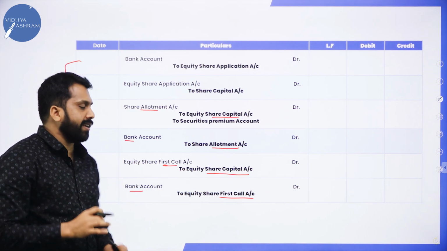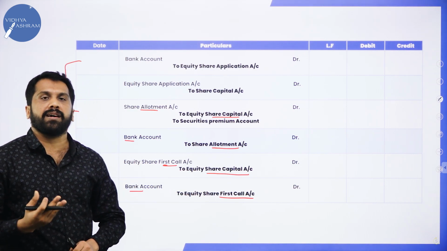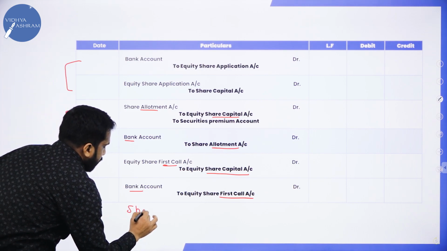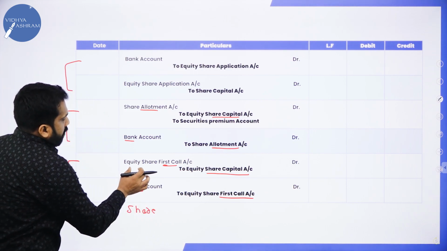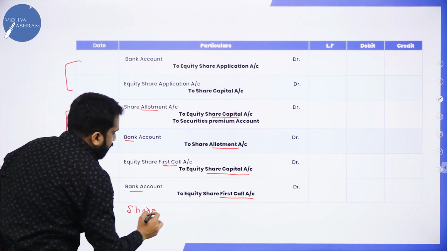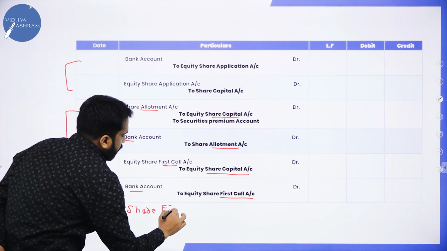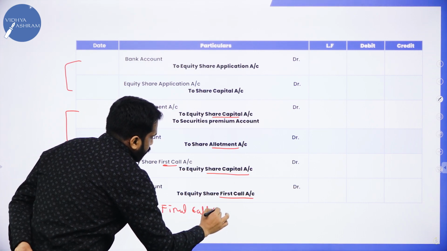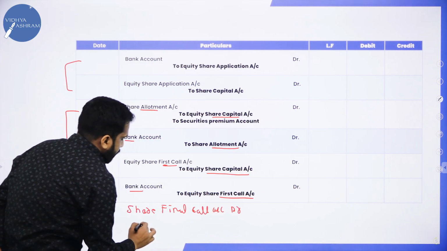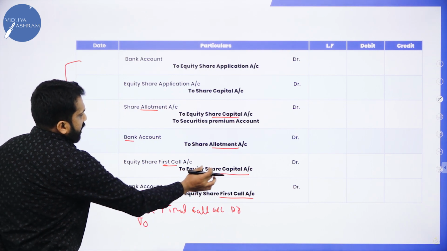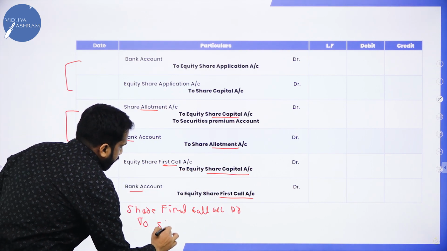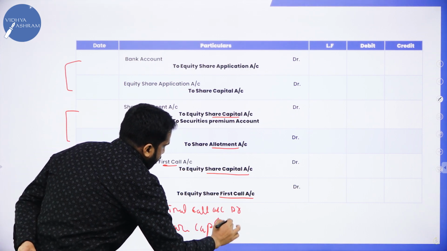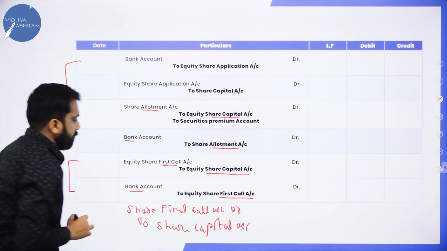Now, you write the final call journal entry. How to write? Instead of first call, share final call. Share final call account debit to share capital account. Simple.